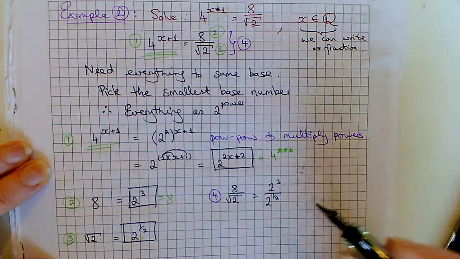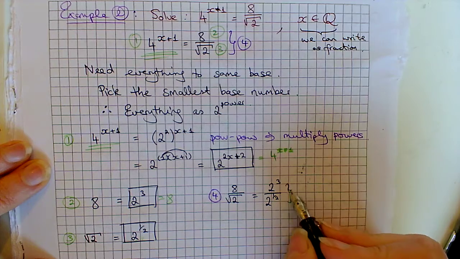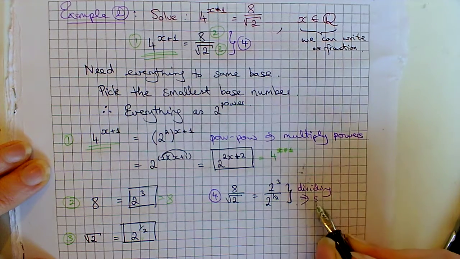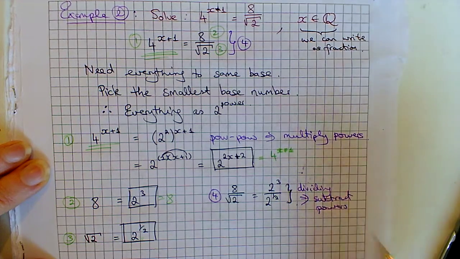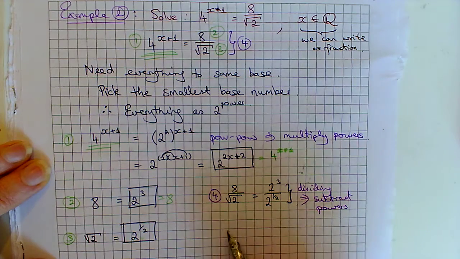And dividing the bases, law 2, means we subtract the powers. That was our second law of indices. We're putting together an awful lot of laws in one go. So this is 2 to the power of 3 minus a half.